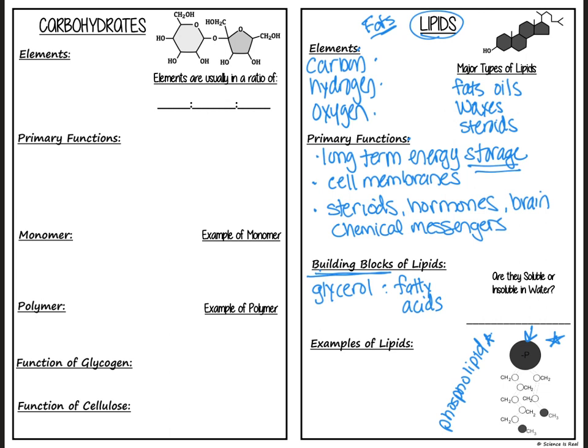So what happens is there's sort of this glycerol backbone, and the fatty acids come off the chain like this. And because of these fatty acids, fats are insoluble. They do not mix with water.